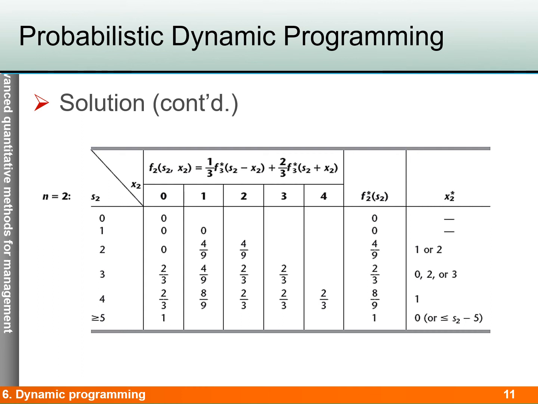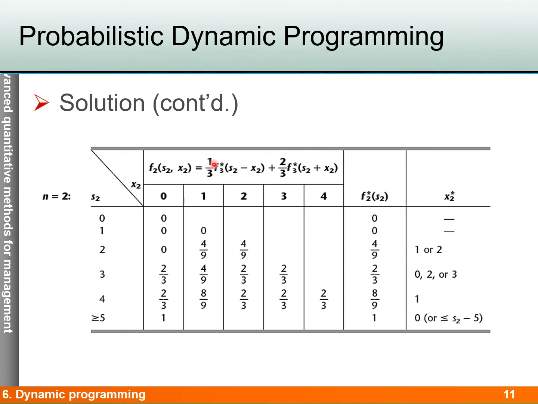What is the meaning of that? It means that our S2 here is 2. For example, for this 4 divided by 9, our x2 is 1. So 1/3 of f3 star of 2 minus 1, that is 1. If you check the slide of the previous part, f star of 1 is 0.